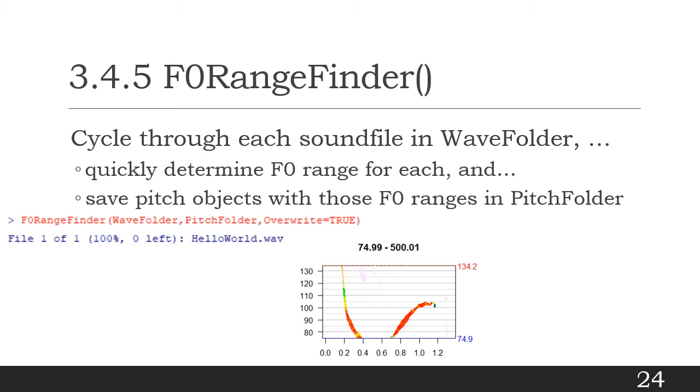On the top, it shows the range of F0 that you're currently using in Praat to generate the analysis. So it starts with 74.99 to 500.01. And on the right, you can see within that wide range, what are the actual highest and lowest F0 values. Red 134.2 is the highest observed value. Blue 74.9 is the lowest observed value in that plot.